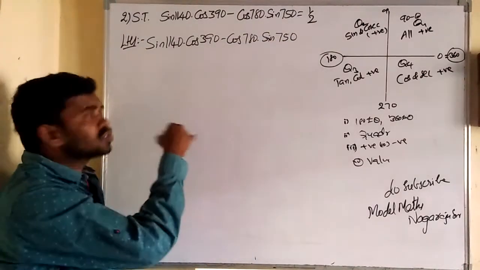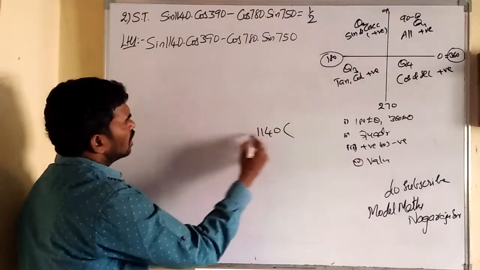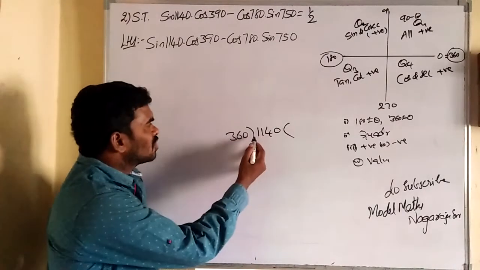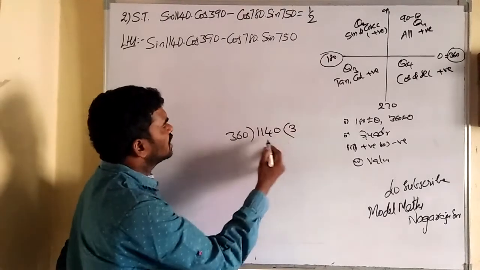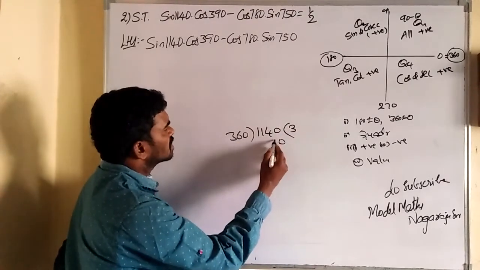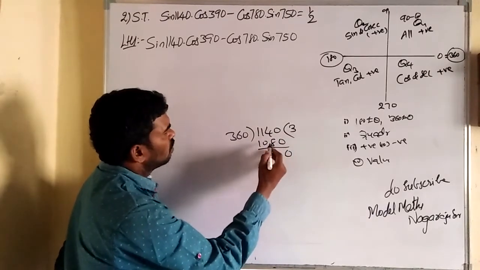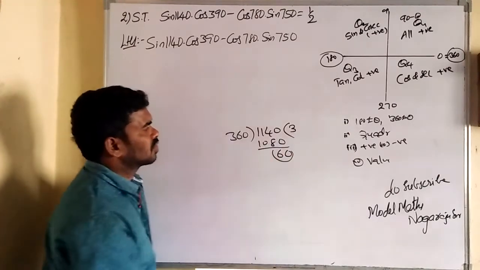See how many times it is rotated? 1140. So I am doing here division of 1140 by the 360 table. 3 sixes 18, 3 threes 9, 1 10. How much? 60 is the answer.